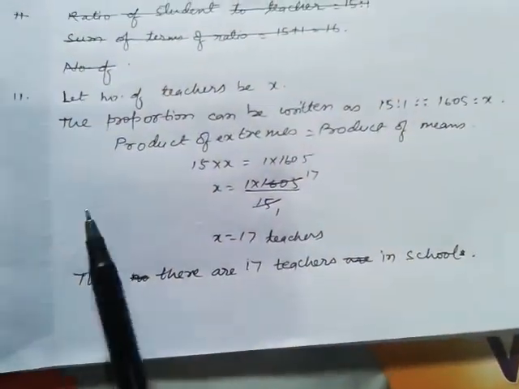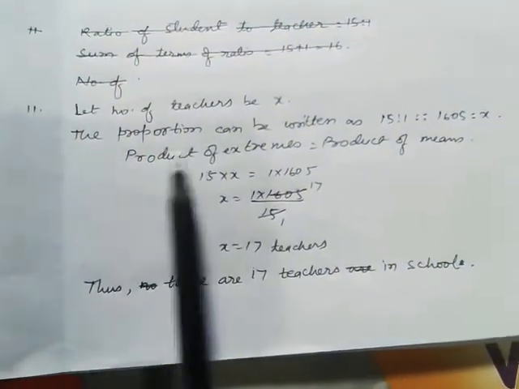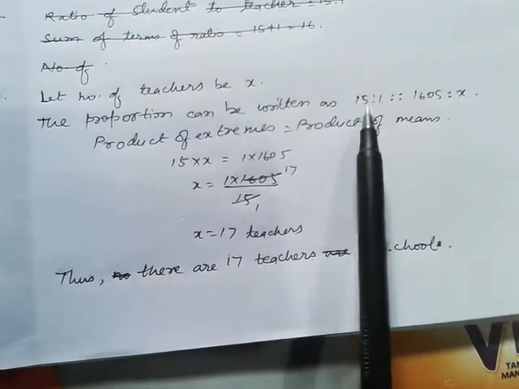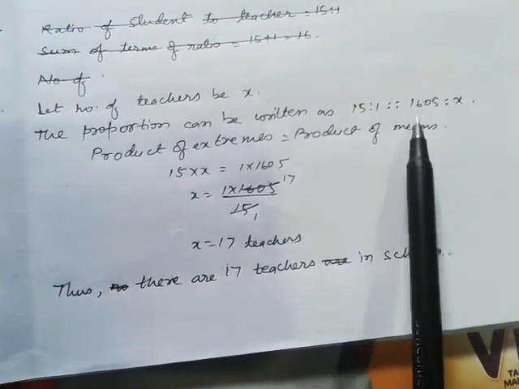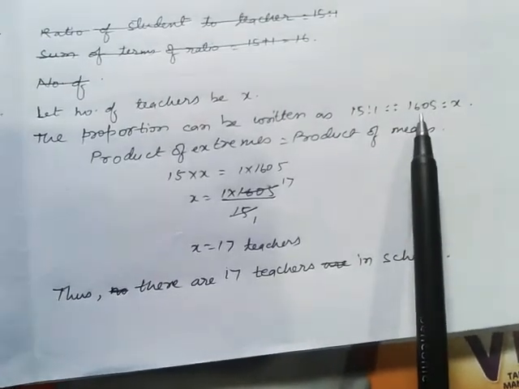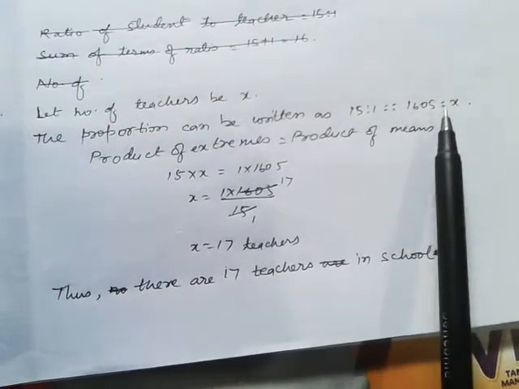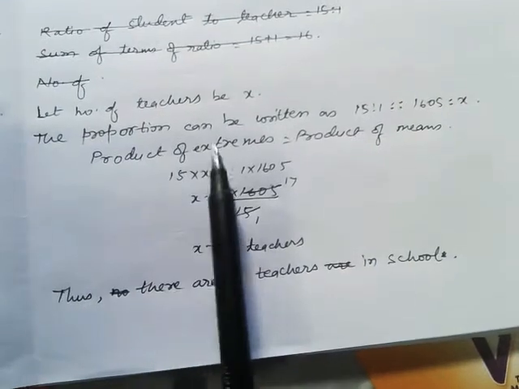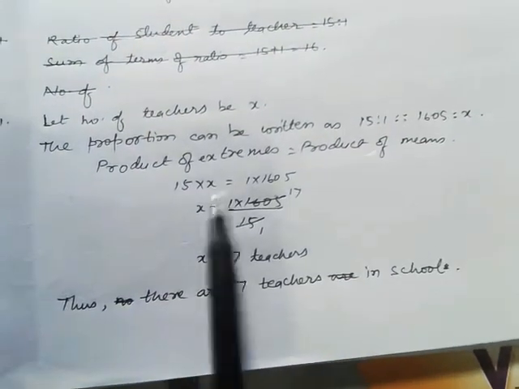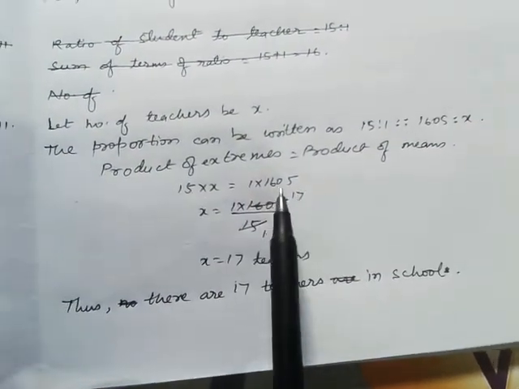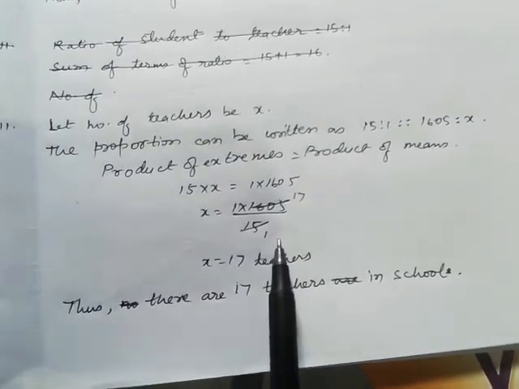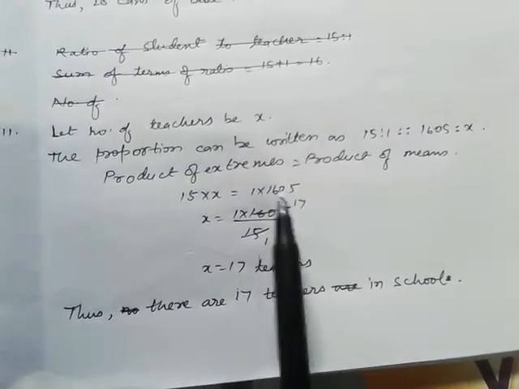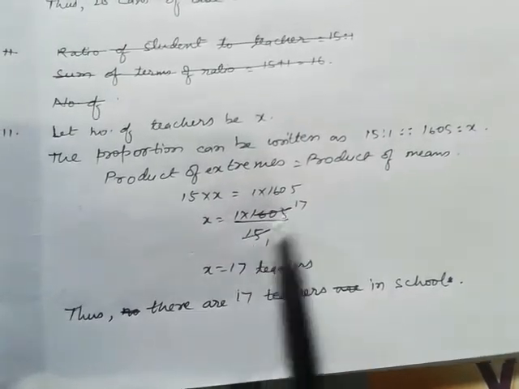Here you look, let the number of teachers be x. The proportion can be written as 15 is to 1, where 15 is the number of students and 1 is the teacher. So first let us write the number of students, that is 1605 is to x. Now the product of extremes equals the product of means. 15 into x equals 1 into 1605. So we write x here and 15 goes to this side, then we cut it. Don't multiply here, first you have to cut.